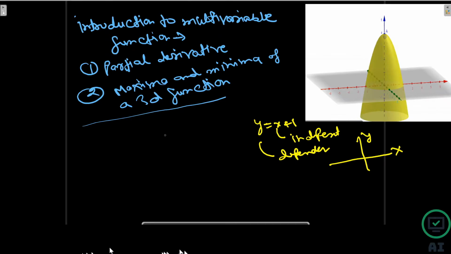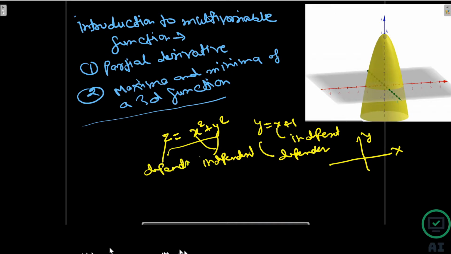Similarly, if we have a function like x square plus y square, can you tell me how many independent variables are there in this particular function and how many dependent variables? You would think that x and y are the independent variables and this z is the dependent variable.